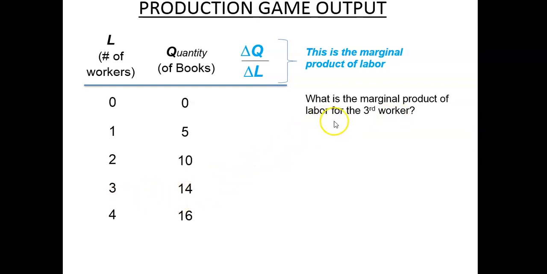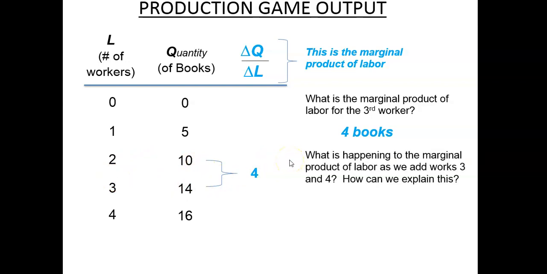To get the marginal product of the third worker, we have to look at how many more the 3 workers produce than 2 could produce. Remember, it's the change in quantity of output, in this case 4 books, divided by the change in number of workers. In this case, the change is just 1, so 4 divided by 1 is 4.